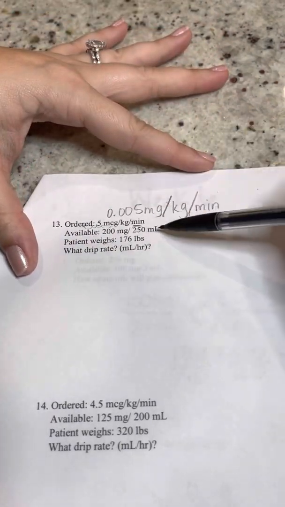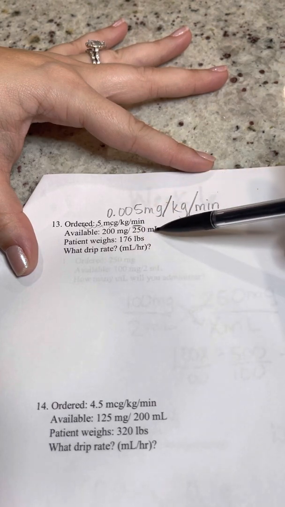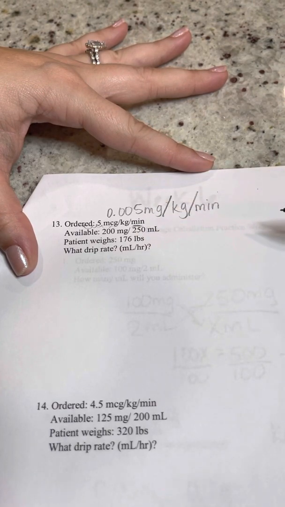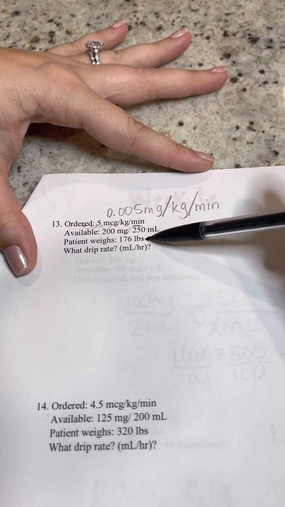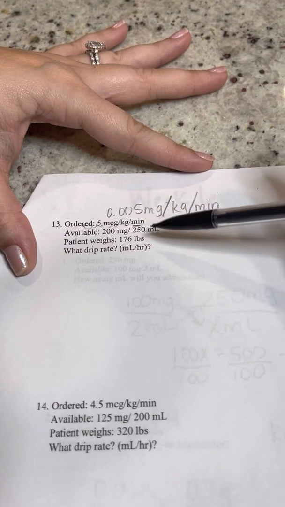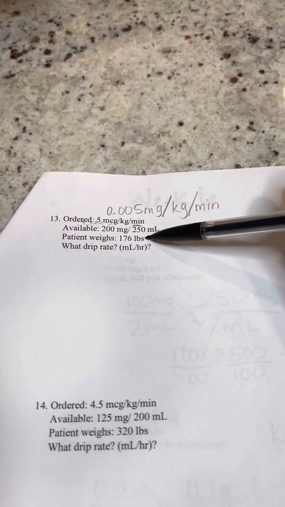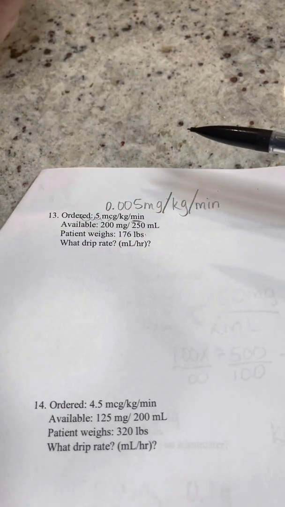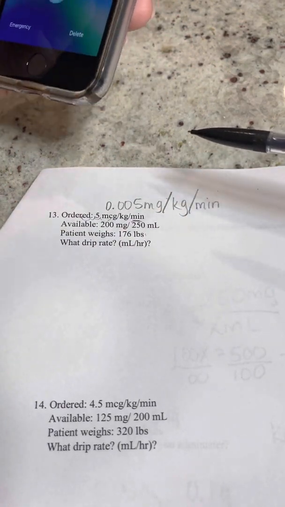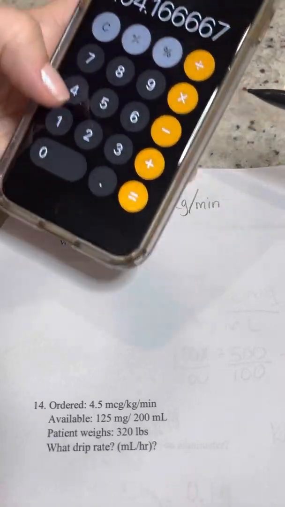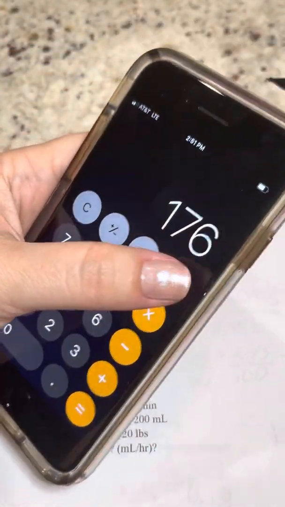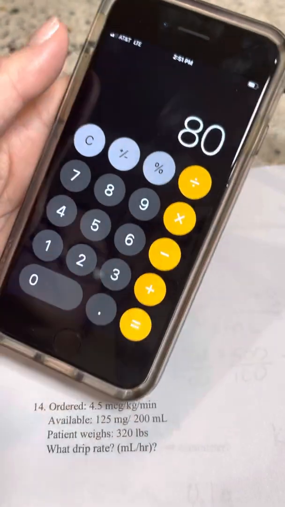Alrighty. And available, we have 200 milligrams in 250 mLs. And our patient weighs 176 pounds. Let's change this to kilograms. So 176 divided by 2.2 is 80.